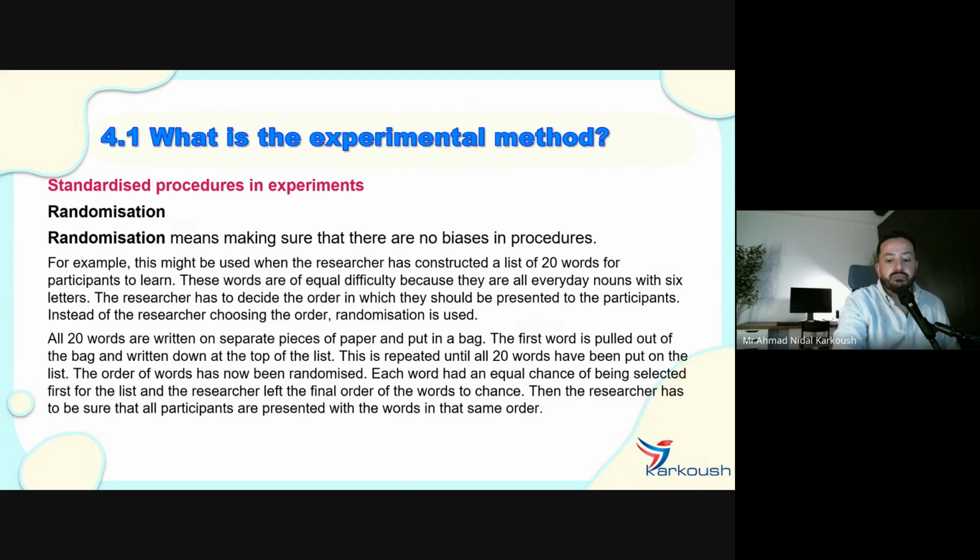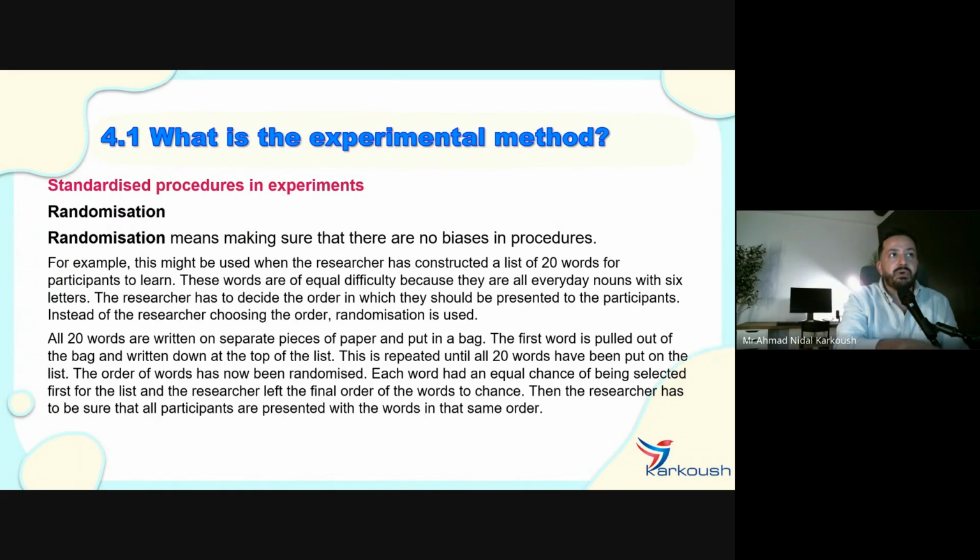Now, randomization means making sure that there are no biases in the procedures. I'm not choosing a certain order because I like a certain person, or maybe I'm doing an extensive experiment on so many students from so many different schools, so I get students from the school I like best to do it first so that they can go home early. No. So we do randomization in order not to be biased.